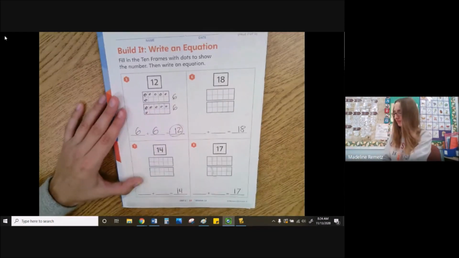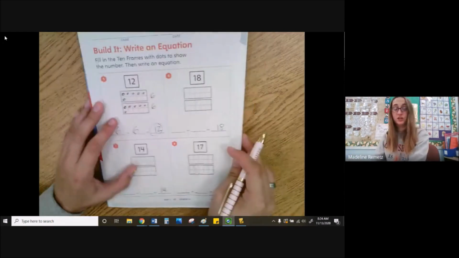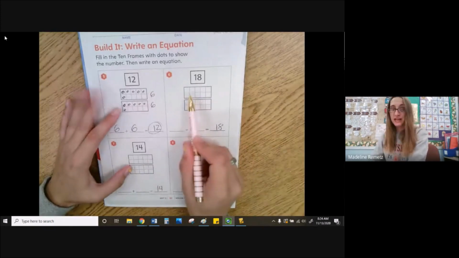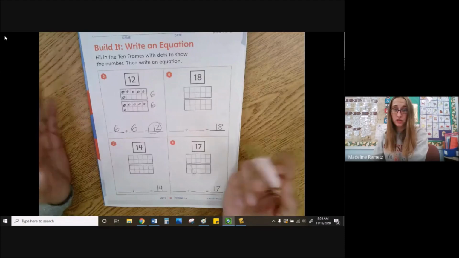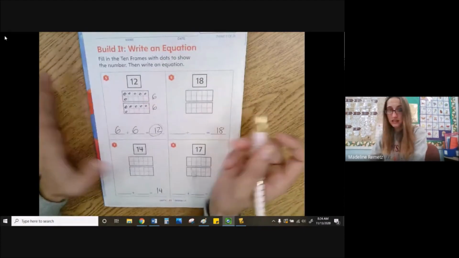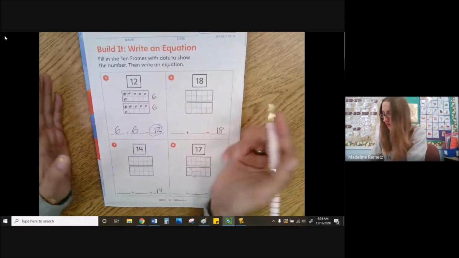It equals 12. And now for 18, I thought I could do another doubles fact because otherwise I would just be doing 10 plus 8. I thought it'd be fun to do a different doubles fact. And so I had to see what equals 18.